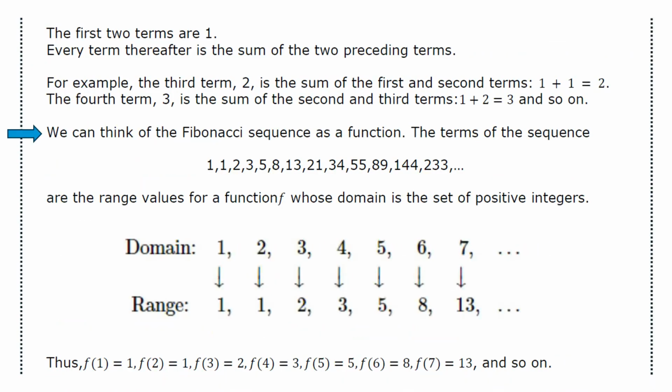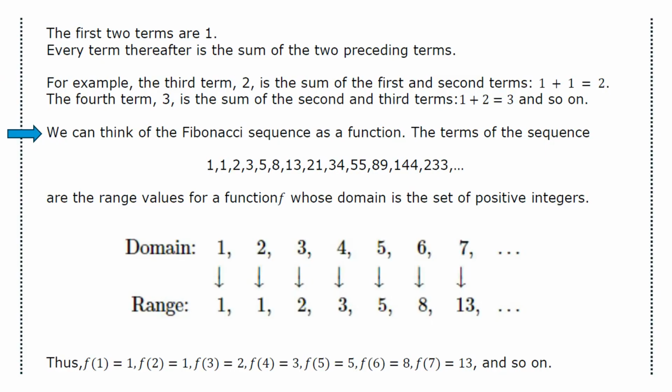We can think of the Fibonacci sequence as a function. The terms of the sequence 1, 1, 2, 3, 5, 8, 13, 21, 34, 55, 89, 144, and 233 are the range values for a function f whose domain is the set of positive integers.